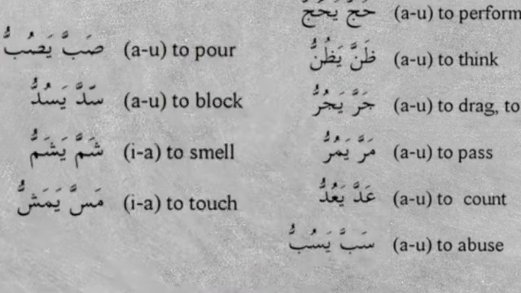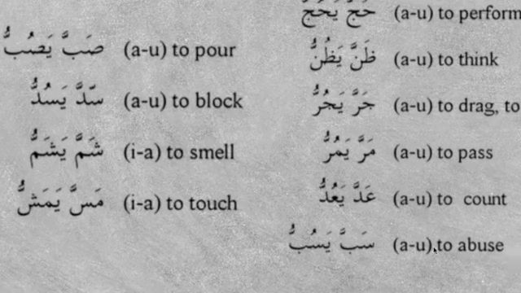So if you see sabba with seen, it is to abuse. Sabba with sod is to pour. So everything is very important here, sound and pronunciation, everything, subhanallah. So sabba is to abuse. Yasubbu, mudari, he abuses. Sabba is he pours, and yasubbu is he pours.